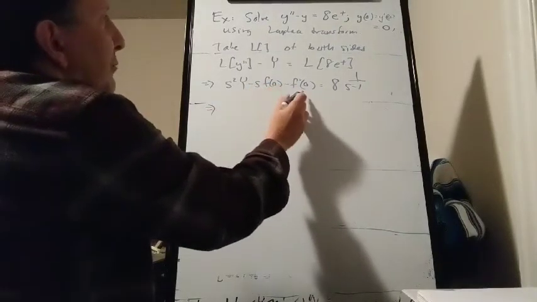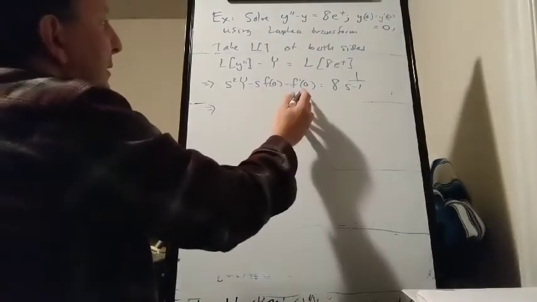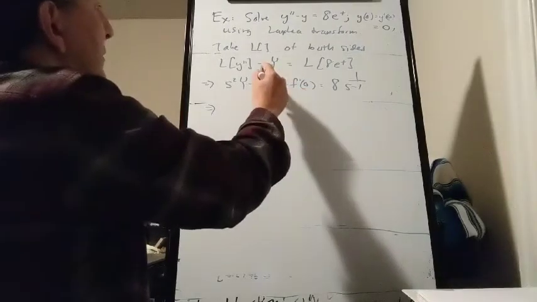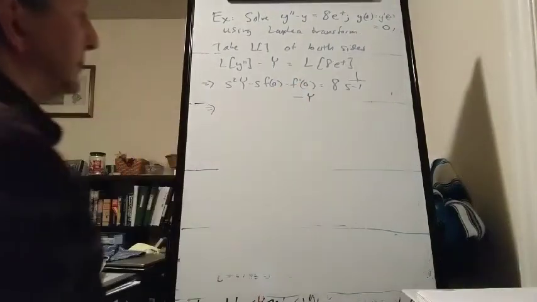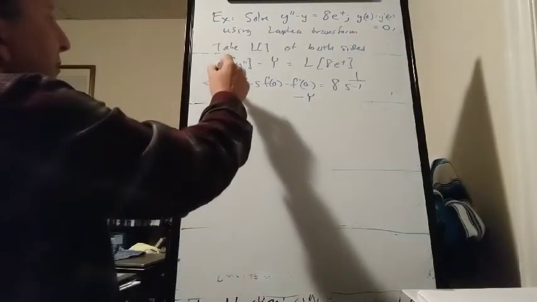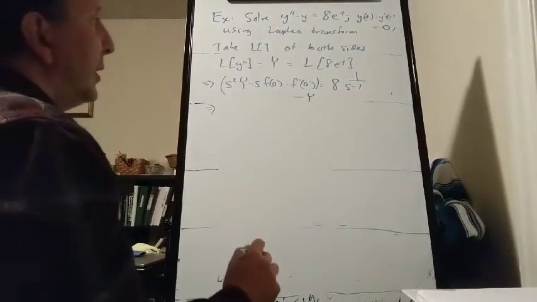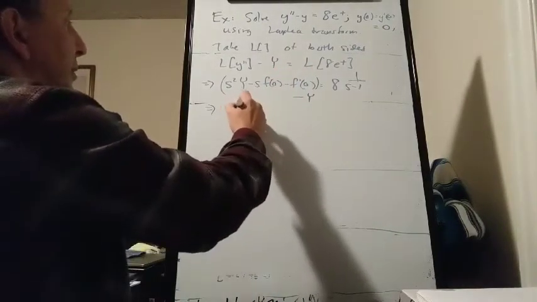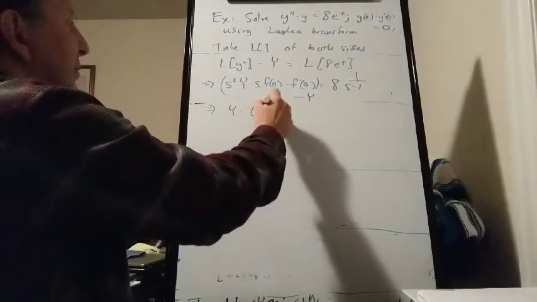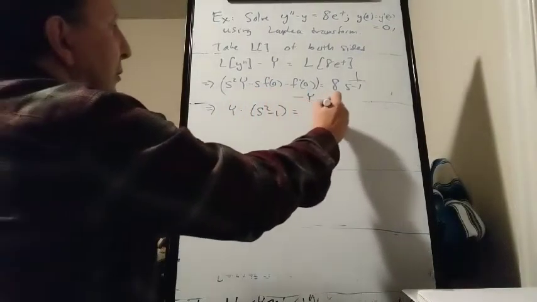Now f of 0 and f prime of 0 are both 0, so that goes away. Oops, I forgot the minus Y here. Minus Y. This is just the L of y double prime part. Alright, so this goes away and that goes away, and we're left with Y times s squared minus 1 equals 8 over s minus 1.